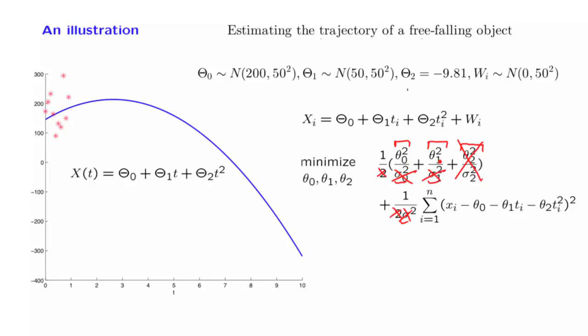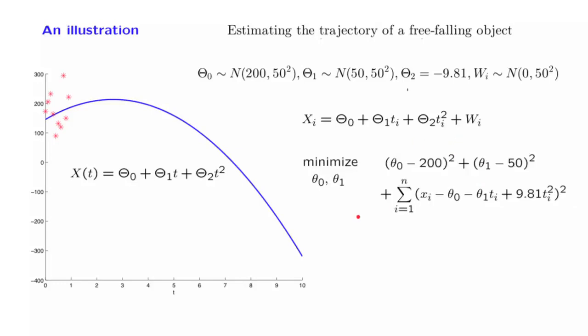If we now change the means, the priors will change. And what happens, if you recall the formula for the normal PDF and how the mean enters, after you take logarithms, you see that instead of having here theta naught squared, you should have theta naught minus the mean of theta naught, squared. And this leads us to the following formulation. So this is the formulation that we will consider.